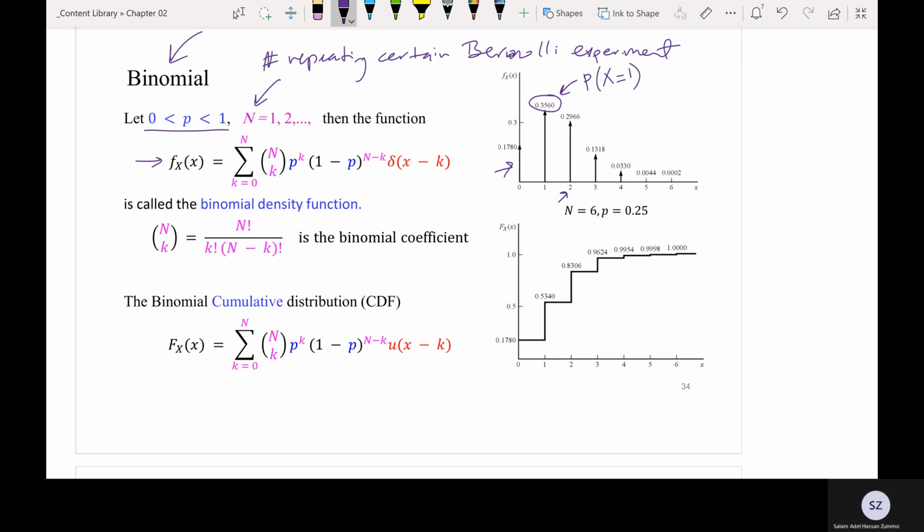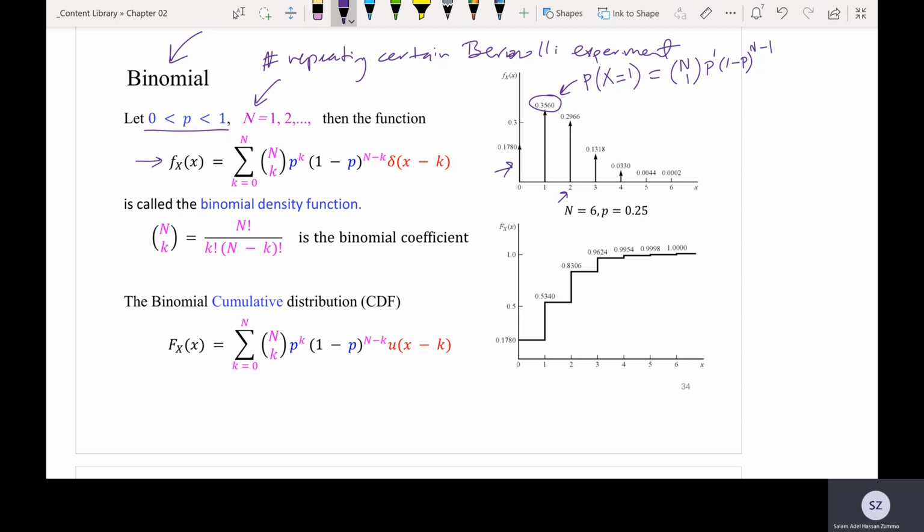For k equal to 1, what is this probability? It's n choose 1, p to 1, 1 minus p to n minus 1. So fx at 1 is n choose 1, p to 1, 1 minus p to n minus 1. It's a delta at that point with that amplitude.